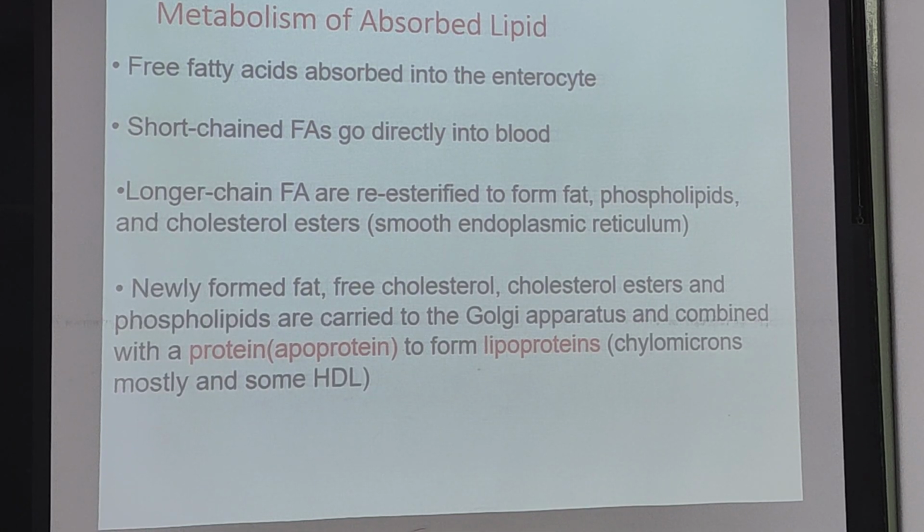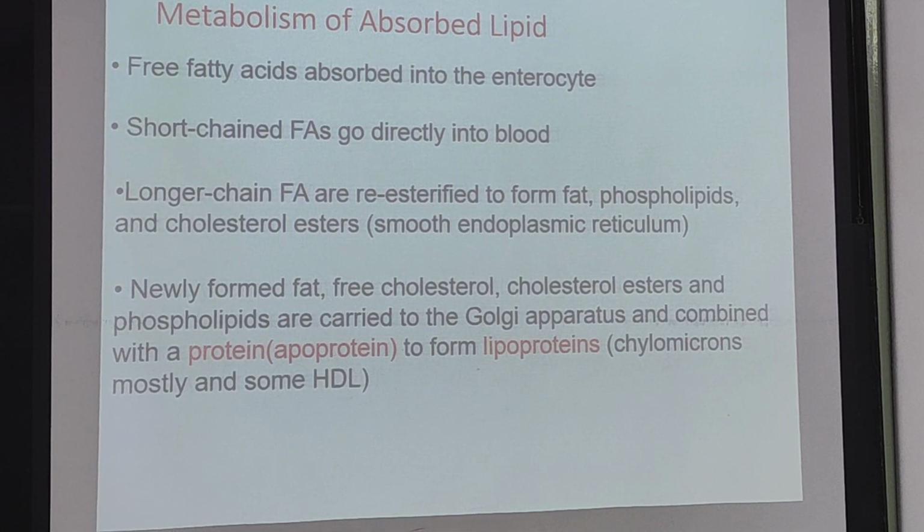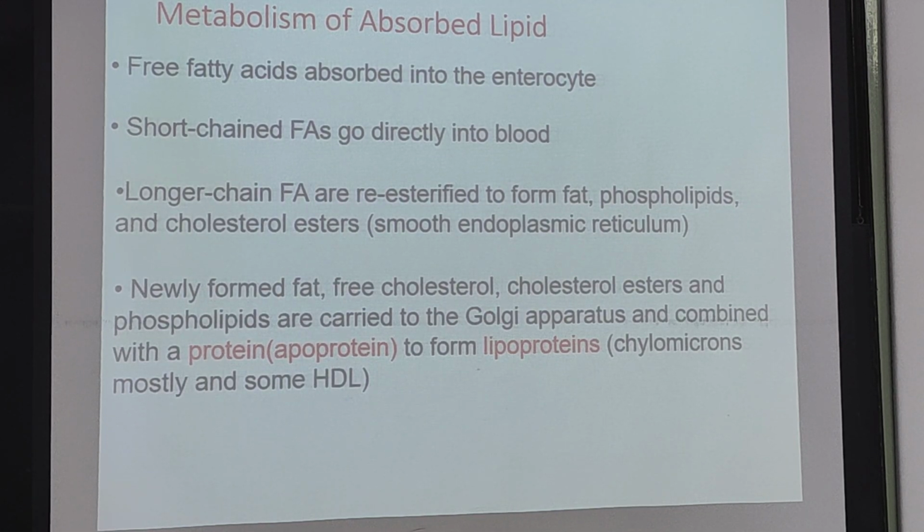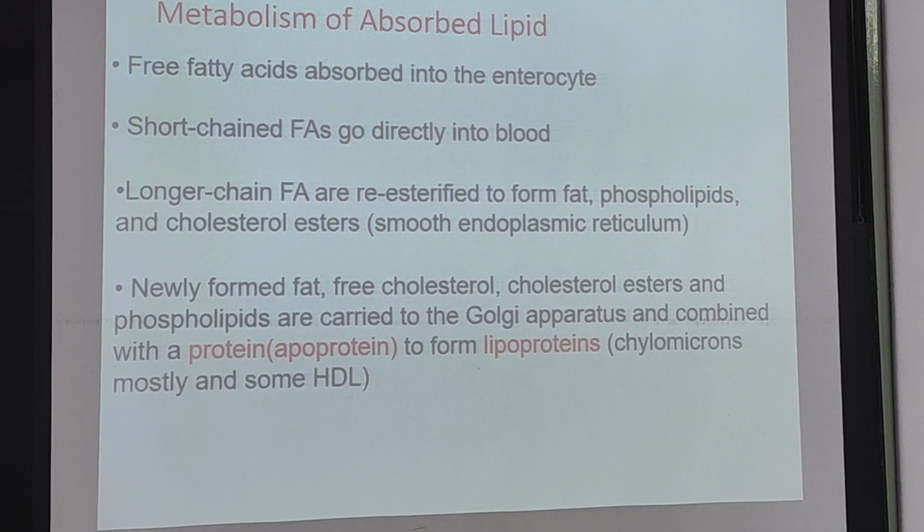Then they have an inside or core side, where those lipids that are lipid soluble or water insoluble are incorporated into the core of micelles.